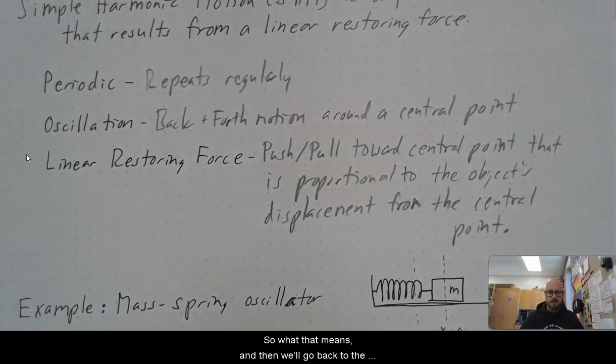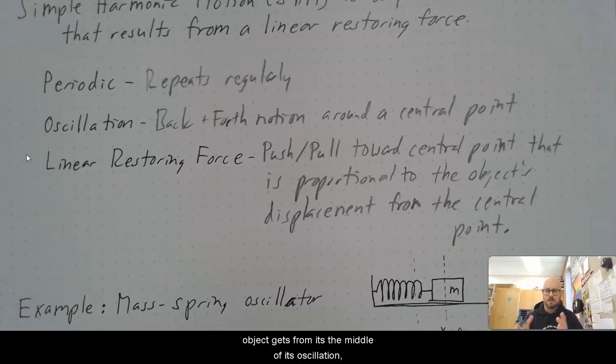So what that means, and then we'll go back to the definition, is that the further away an object gets from the middle of its oscillation, the greater the restoring force is. It's a linear relationship. So, a graph of force versus displacement would give you a linear function.